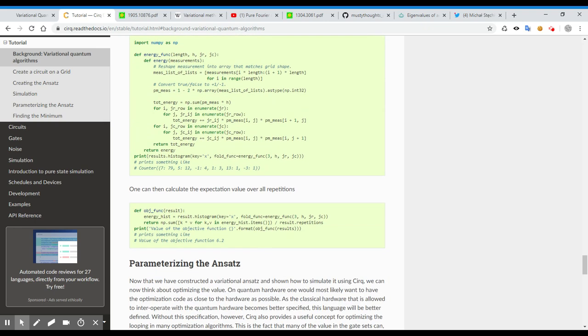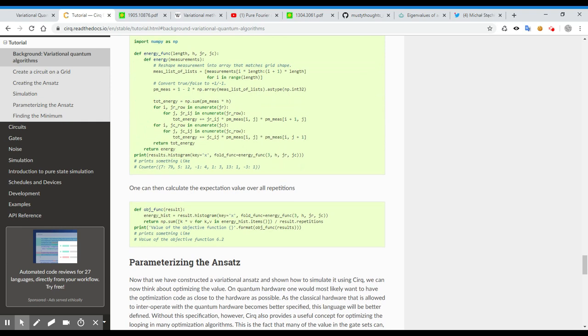Because the energy function, right? It just goes through the Hamiltonian function, that's what it does.